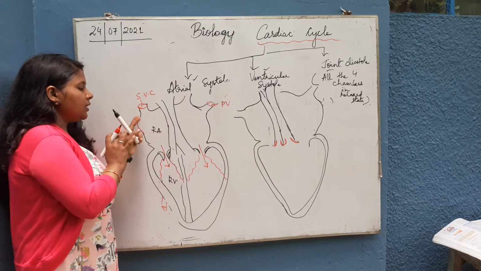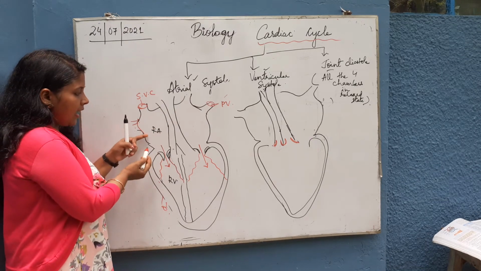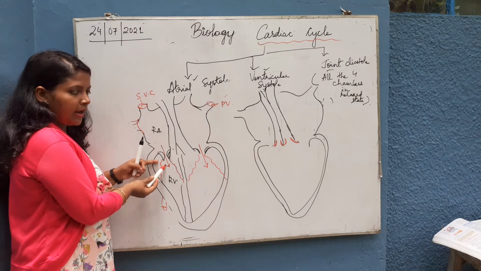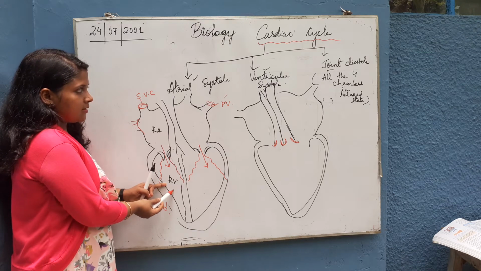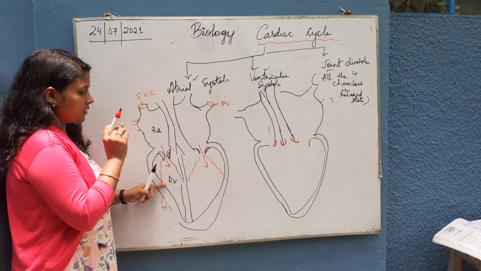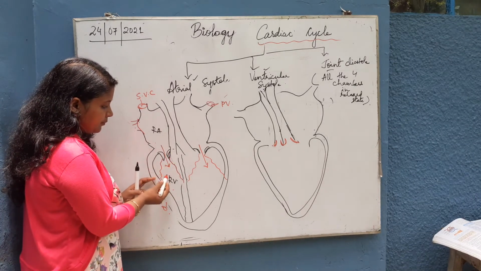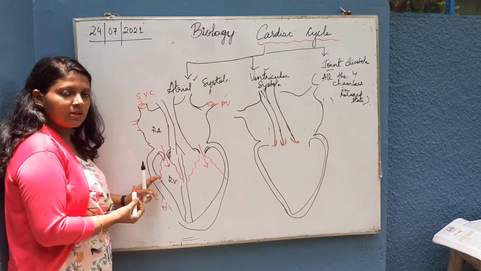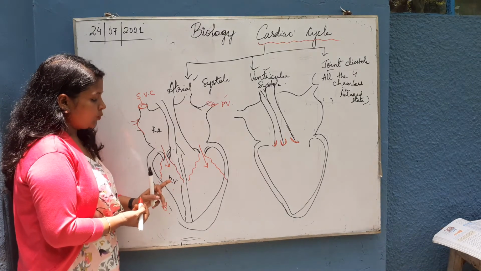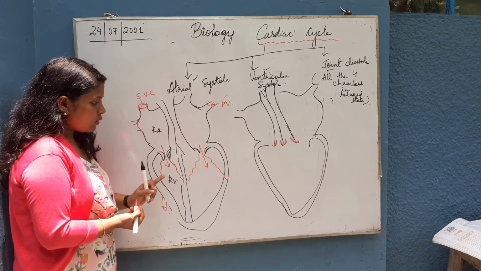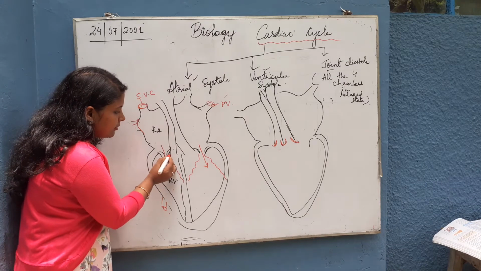Now, what happens during the atrial systole? As the atria contract, the tricuspid and bicuspid valves open, and the blood flows into the right ventricle. So this is atrial systole. Here the beat starts. Now, in this stage, when the tricuspid and bicuspid valves open, the semilunar valves will close.